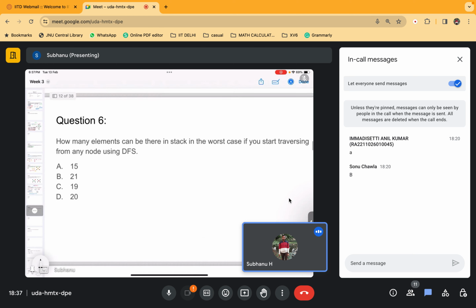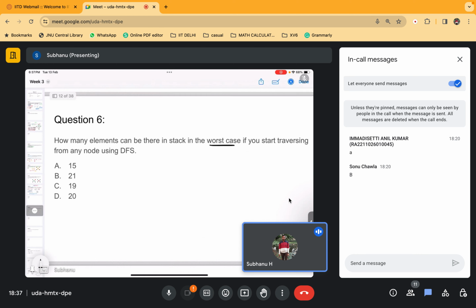So now this is the question: how many elements can be there in the stack in the worst case if you start traversing from any node using DFS? Let me give you a graph structure.